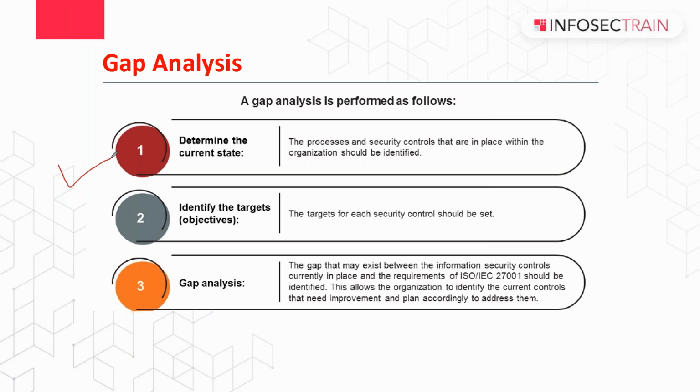Now who is going to collect this information? The project team will gain detailed knowledge of your existing management system by collecting information from multiple sources. They are going to determine the situation first and what data they want to collect.